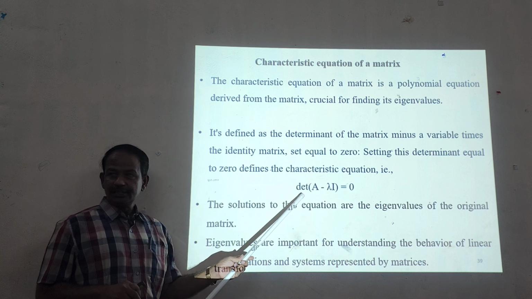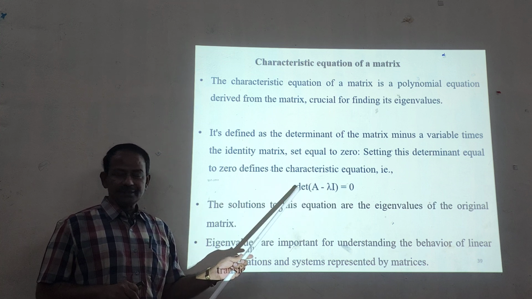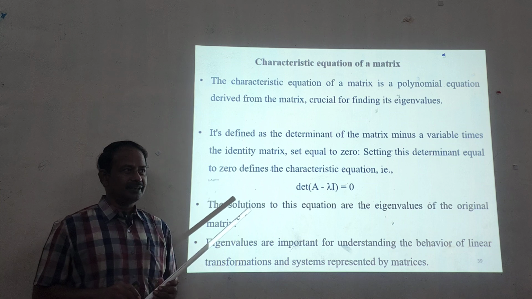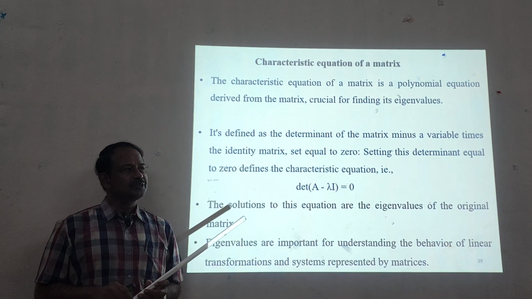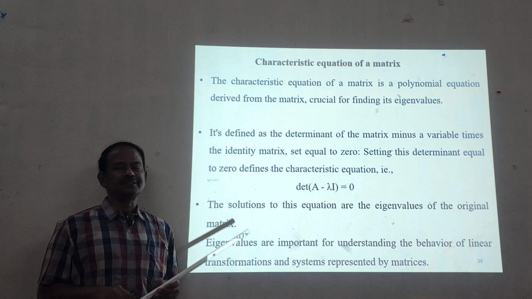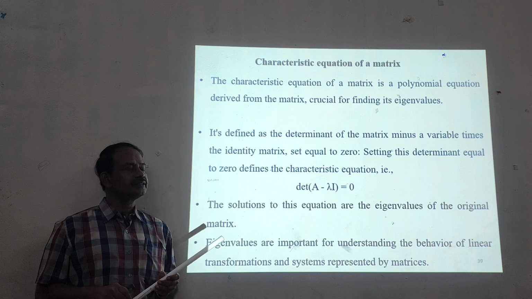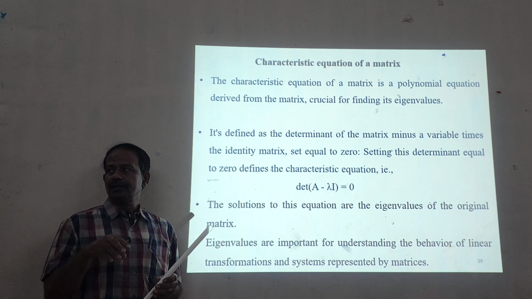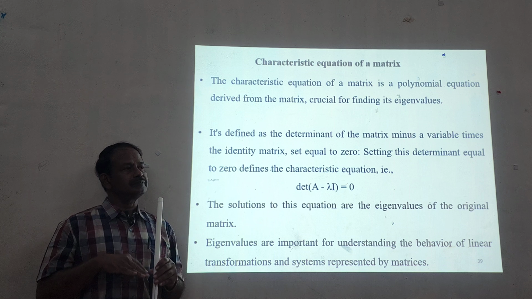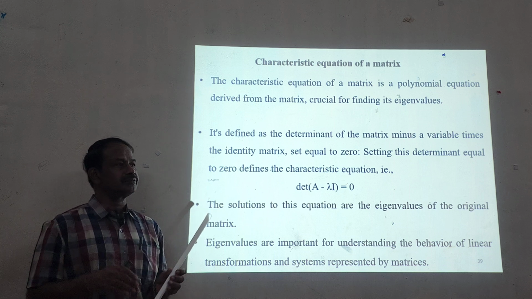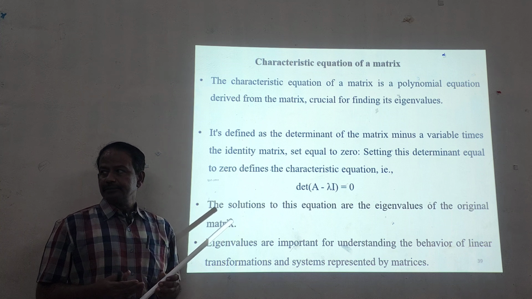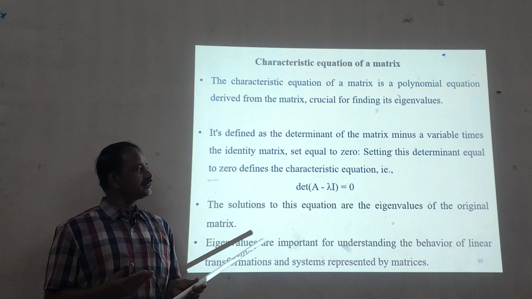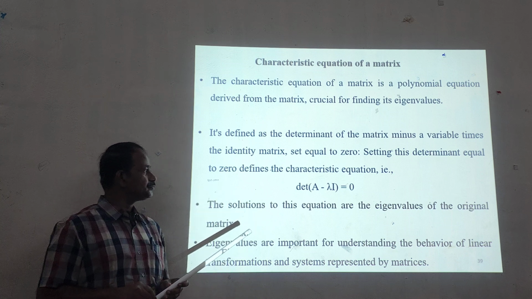So this is nothing but the characteristic equation, and the solutions of the characteristic equation are nothing but the eigenvalues. So eigenvalues are very, very important. For example, in quantum mechanics, eigenvalues are the solutions of quantum systems that we can find out. And in many other subjects, eigenvalues are very important.